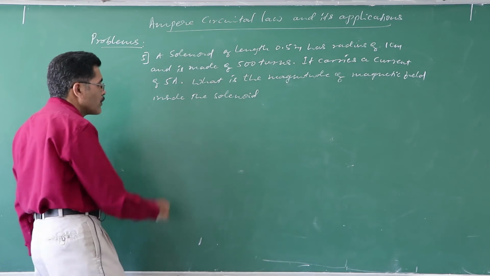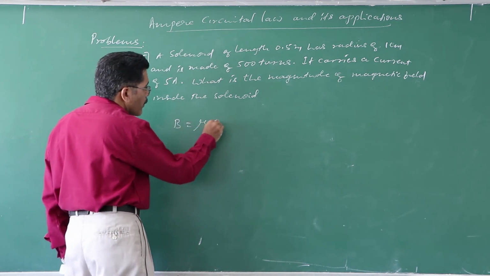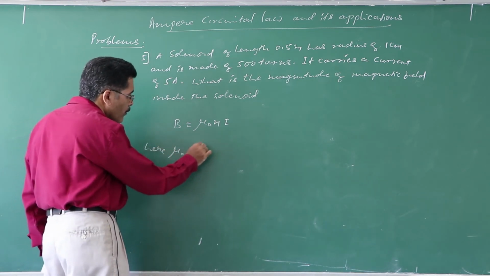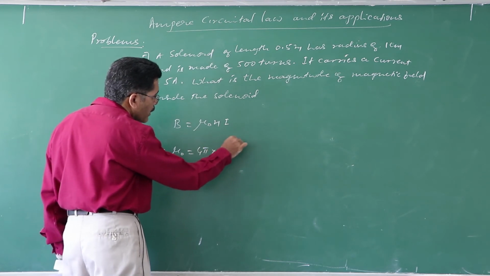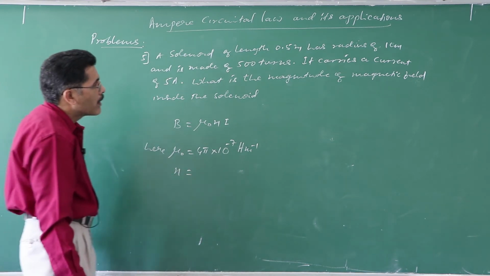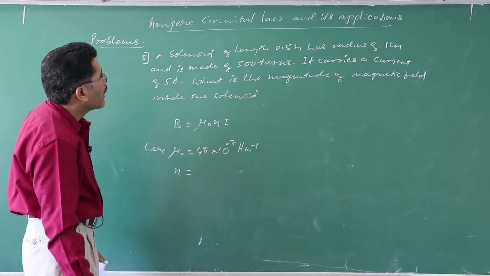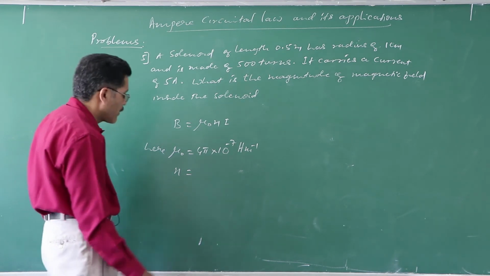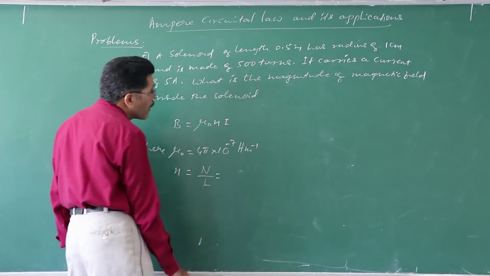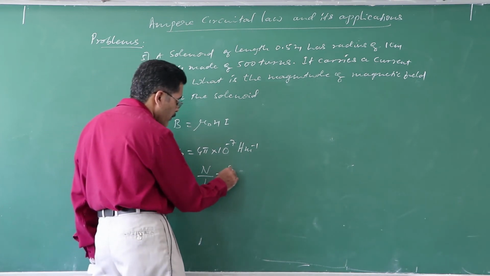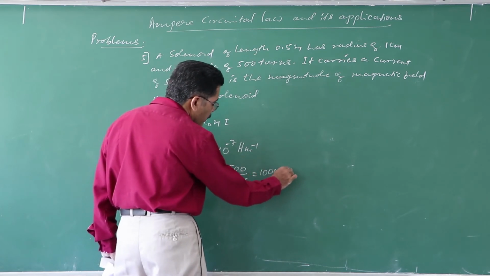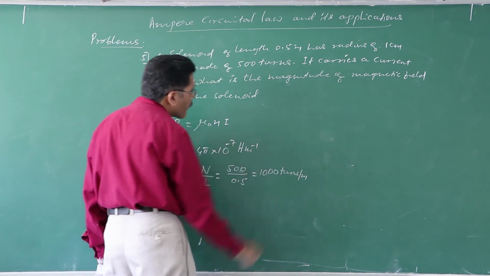See, you know that for a solenoid B is equal to mu naught n I. Mu naught is equal to 4 pi into 10 raised to minus 7 Henry per meter. n is the number of turns per unit length. The solenoid has 500 turns, so n is N by L, which is 500 divided by 0.5, and this becomes 1000 turns per meter.